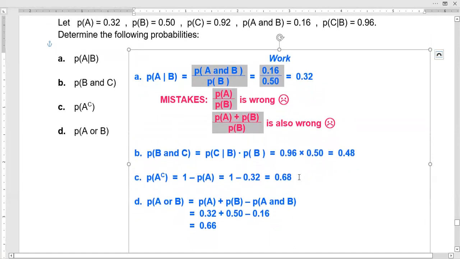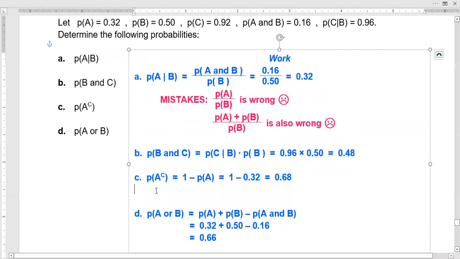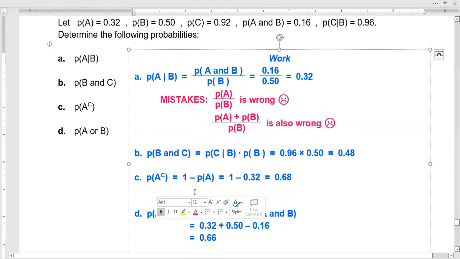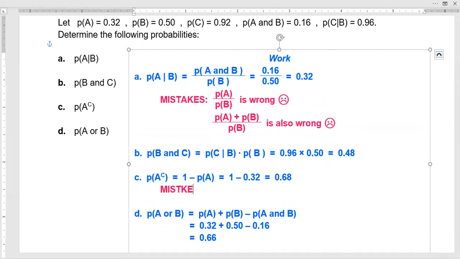With part C, this is one that I often see a mistake on, and let me show you the mistake that I often see here. So mistake. And I'm going to use this specific example. So maybe something like this.